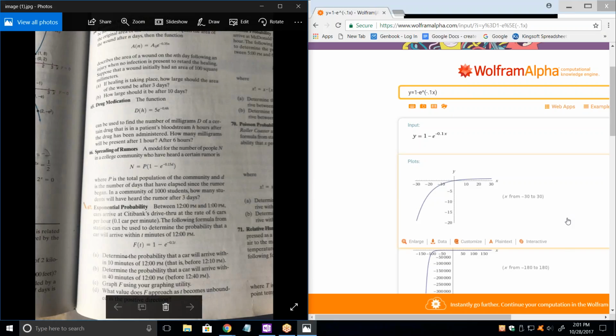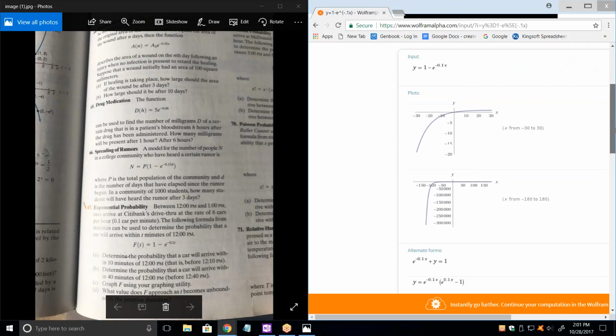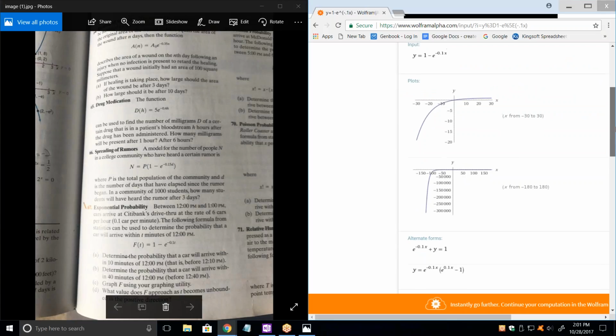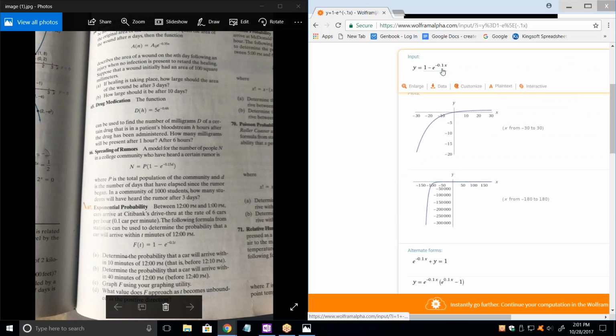It's not absolutely clear from this graph. Kind of have to think about it in algebra terms. What happens to e to the minus 0.1x as x goes to infinity? What does that approach?